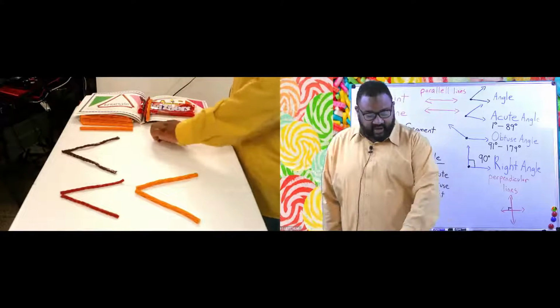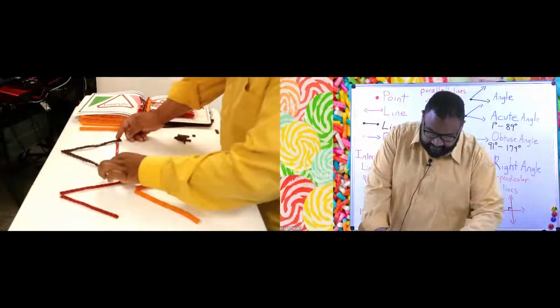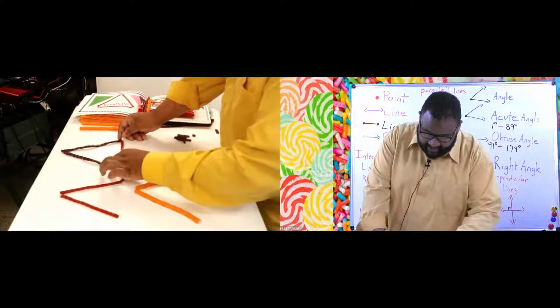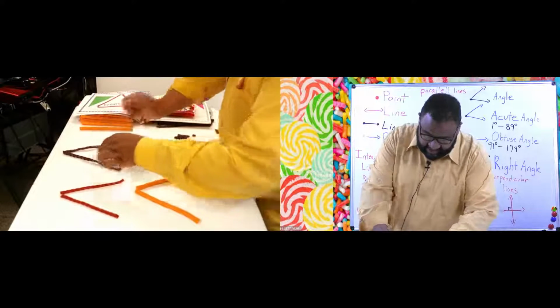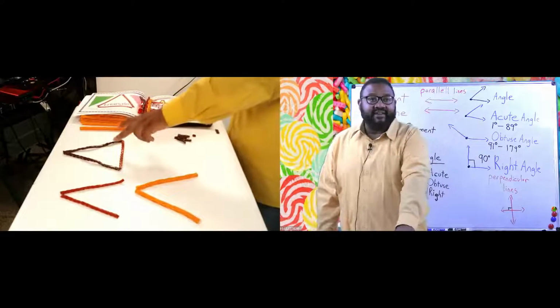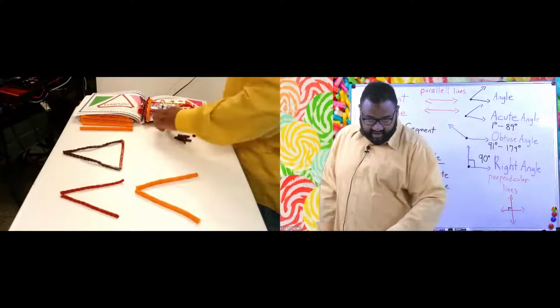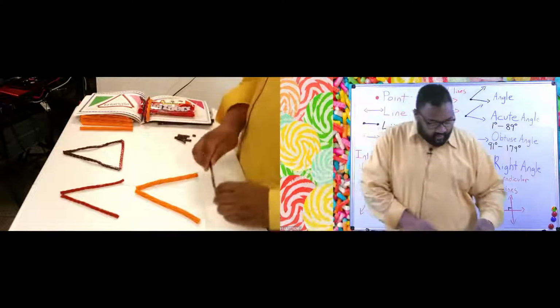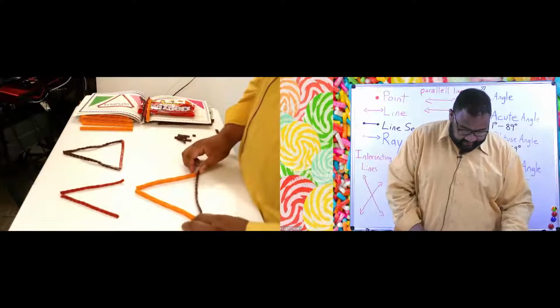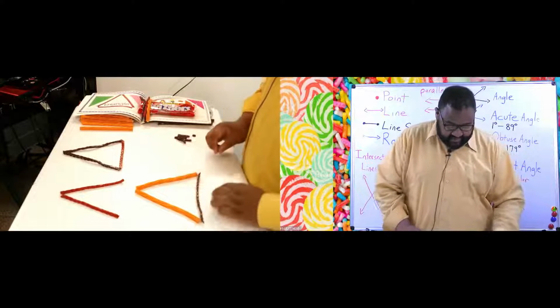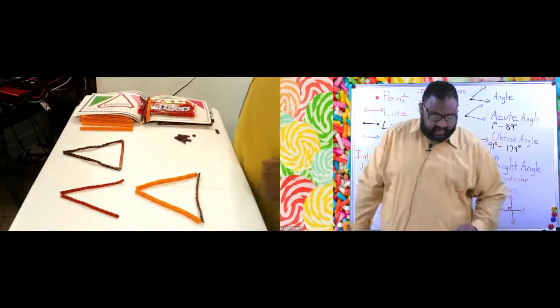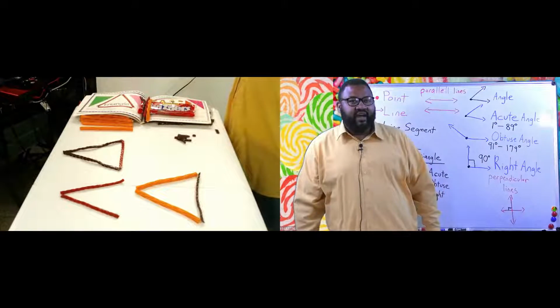So what does that mean right here? I want to take this one here and close this out right here. This is an isosceles triangle. You have two sides that are the same here. All right, I have my orange here, and I put my purple here. This is also an isosceles triangle. Why?